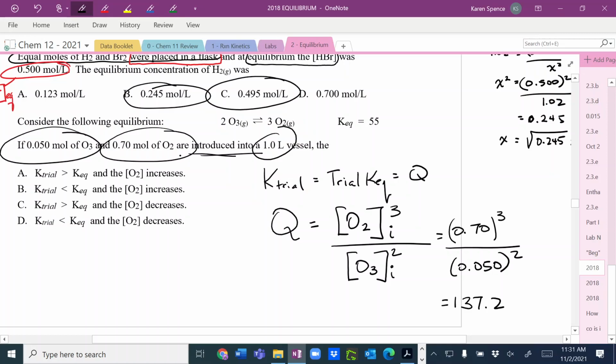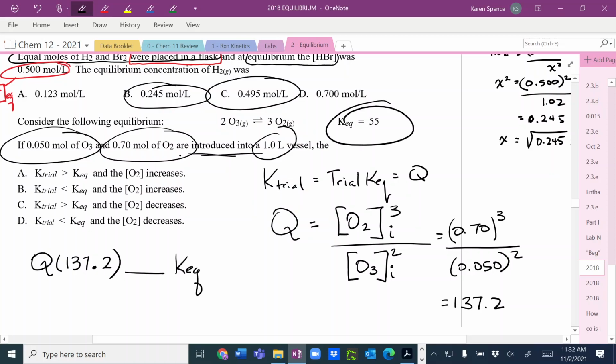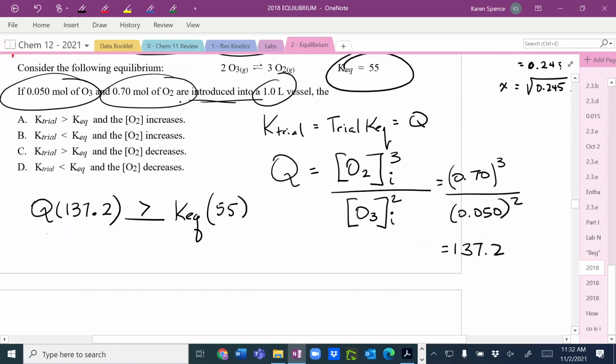Okay, what do we do with our Q value? Compare it to our KEQ, which we are told is 55. So Q is bigger, which means that our products over reactants is too small or too big?